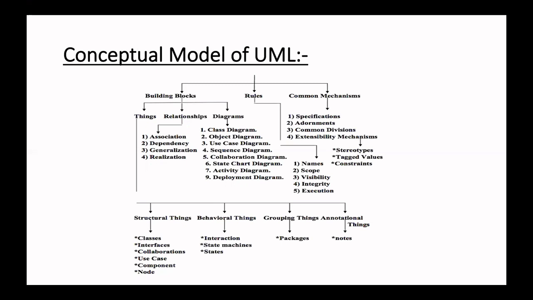First point, a conceptual model can be defined as a model which is made of concepts and their relationships. Second, a conceptual model is the first step before drawing a UML diagram.